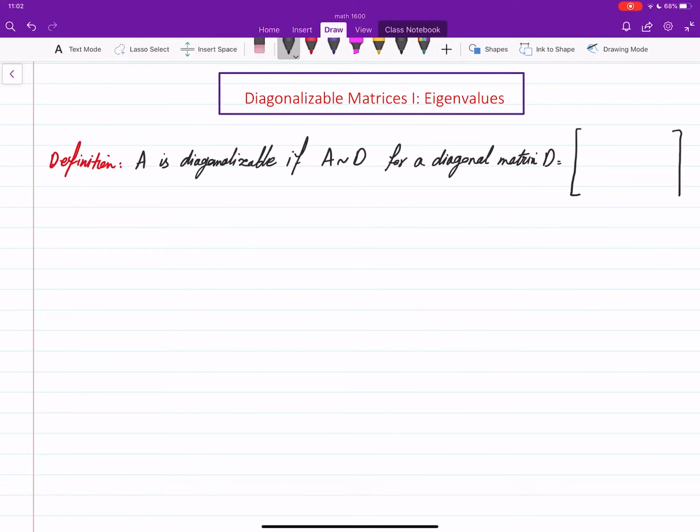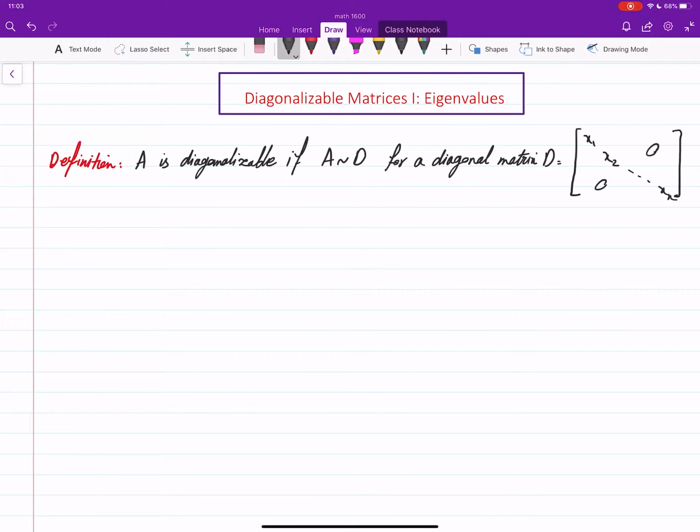A diagonal matrix is a matrix that has all of its off-main-diagonal entries equal to 0. So it will have x1, x2, up to xn on the diagonal, everything else will be 0. Yes. So if a matrix is similar to a diagonal matrix, we call it diagonalizable.